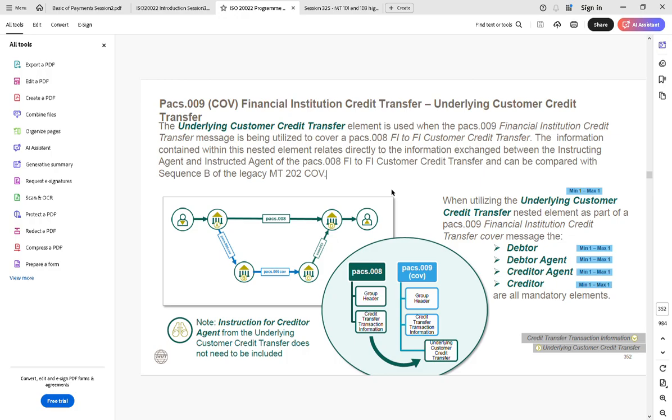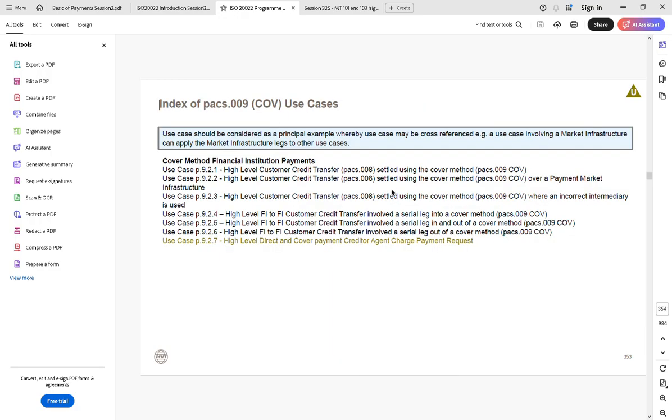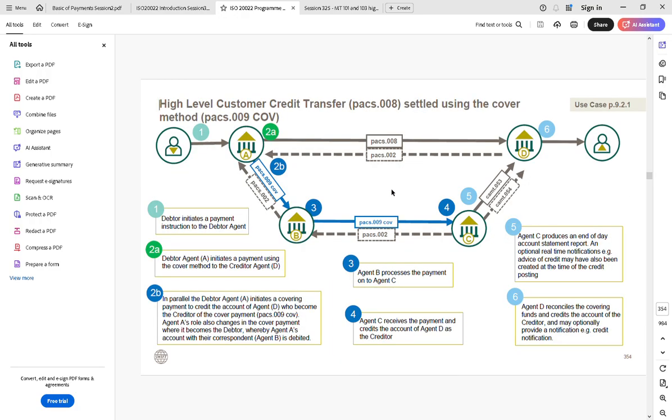Okay, so this is only what we have explained sometime before, and this is the example we saw. We already explained this example: the debtor initiates a payment instruction, and the debtor agent, which is number one here, receives it. Bank debtor agent A initiates a payment using the cover method, creditor agent D. So PACS 008 has been initiated and you get its status message.